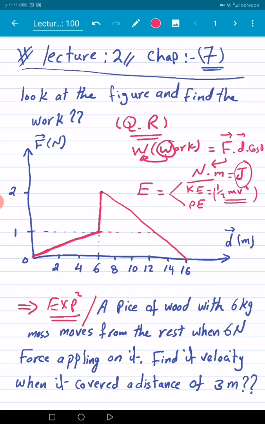It's not necessary for you, but I prove it so you know where this equation came from. Potential energy is the energy of an object due to its position or height, so it is equal to m g h. mg means the weight, multiplied by the height.